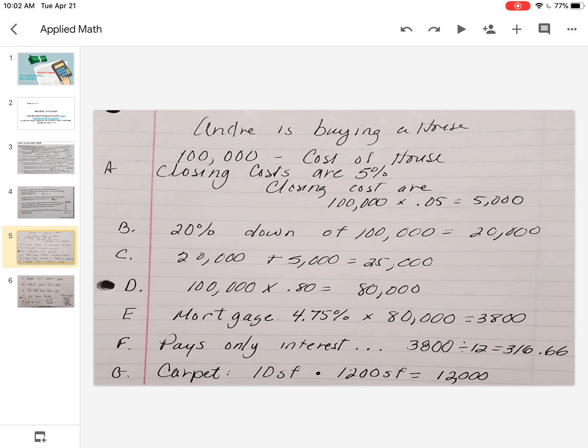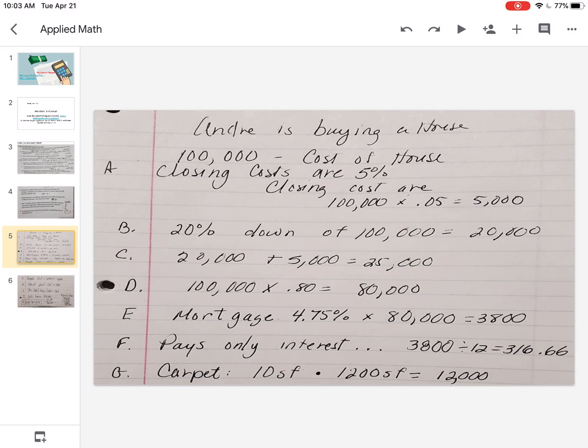C, 20,000 plus 5,000 equals 25,000. So that's how much money he needed to buy the house to start. And then D, he's getting a loan for 80% of the house, so 100,000 times 0.8. His mortgage interest rate was 4.75%, so you multiply that by the 80,000.